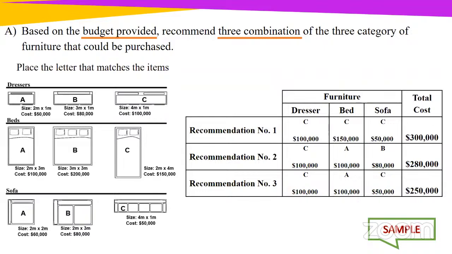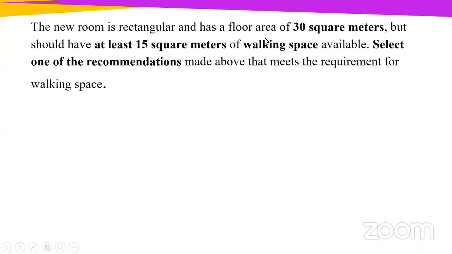We are staying within the budget. Okay, good job, boys and girls. So far, we have completed our recommendations. We have selected three recommendations, and we're going to continue with our task. Now, we have some new information.